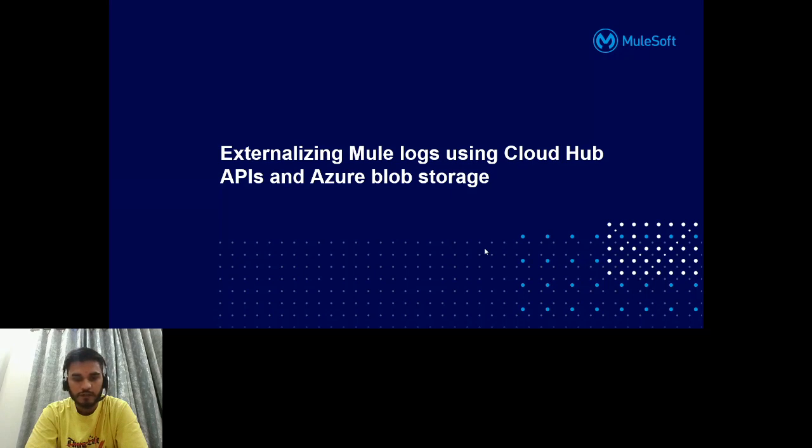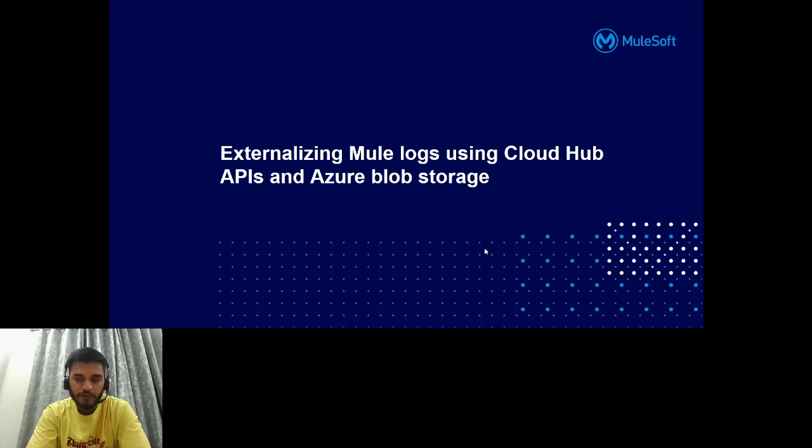There are so many third-party tools on the market these days, but we will not be using those, because in some use cases you can have financial clients. Let's suppose I come to a client and that client does not want to send data to some third-party service. So I do not want to use Splunk in that case. So how can you externalize your logs? We have a use case that we did for one of our clients, and we'll be presenting it today.